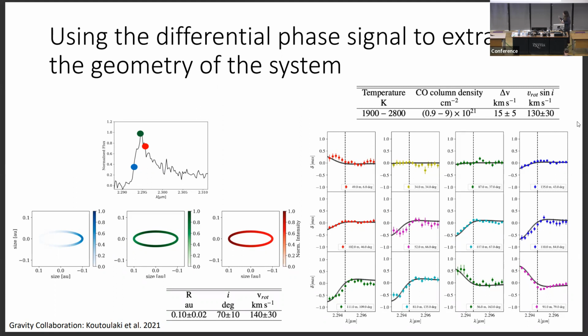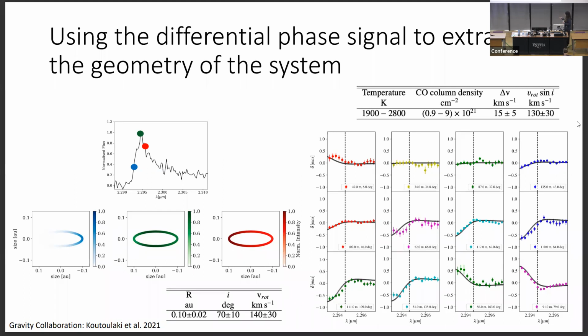And by doing so, we can actually calculate the size of the emitting region because it will be along the major axis of the disk. But we can also have information on the geometry of the system, so the position angle and the inclination as well.